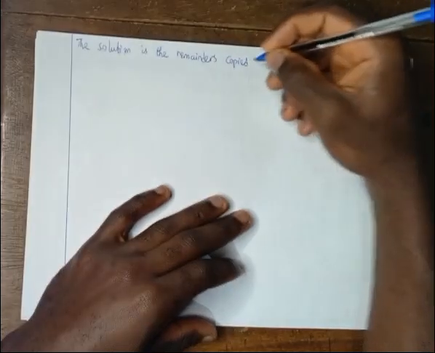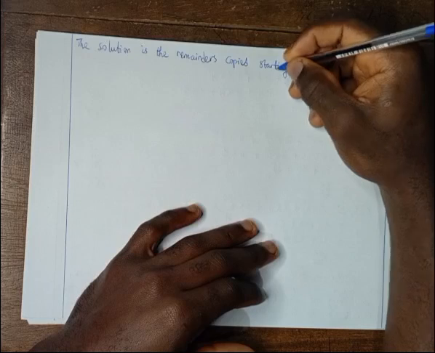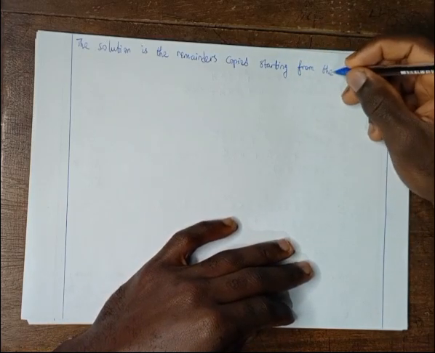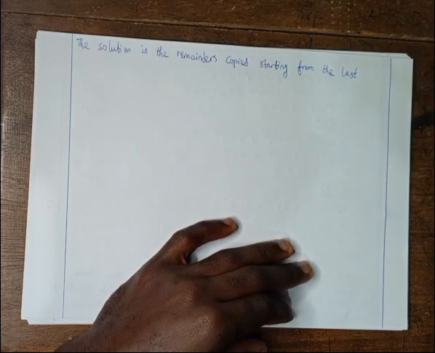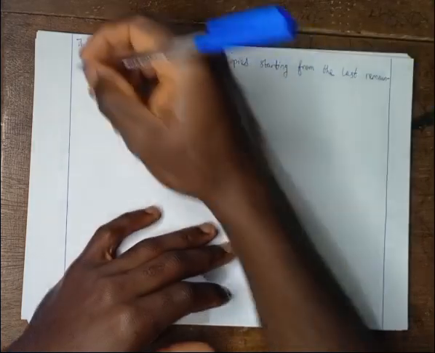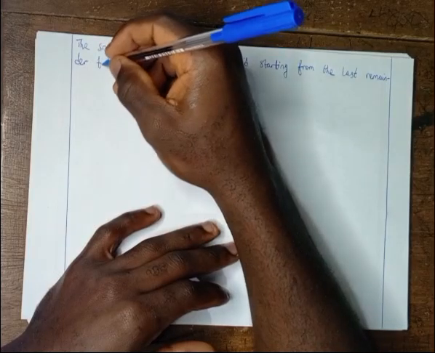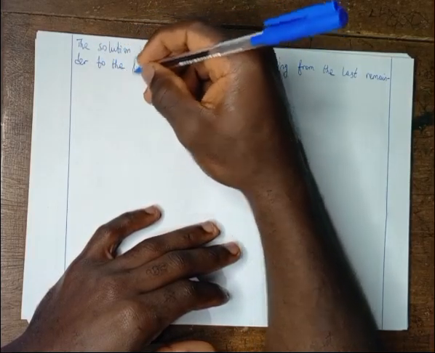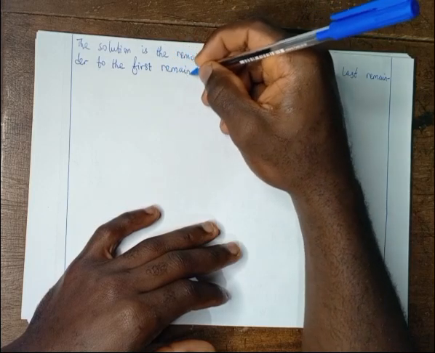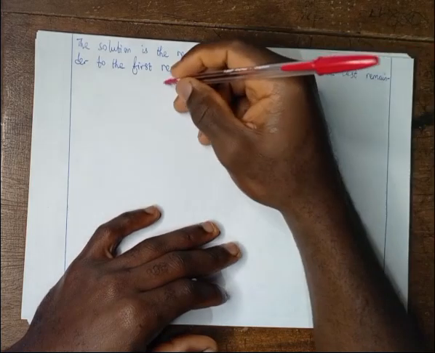Copy it, starting from the last remainder to the first remainder. Copy the remainders in that order, from the last remainder to the first remainder. Let's take an example.